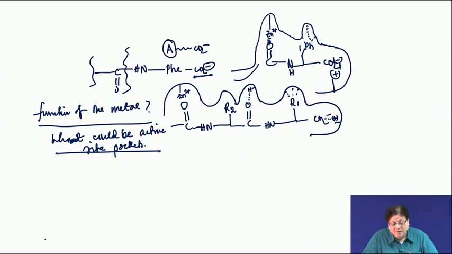So, based on this, you can say that this could be the rough sketch of the active site of angiotensin converting enzyme. Okay. So, from here we will proceed to the next session, because it will take some time and cannot be completed at this point.